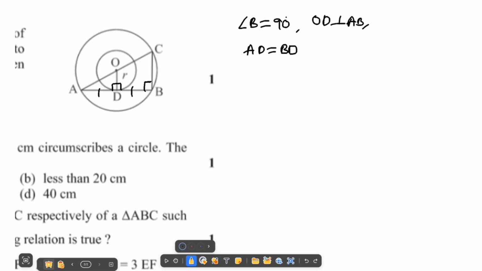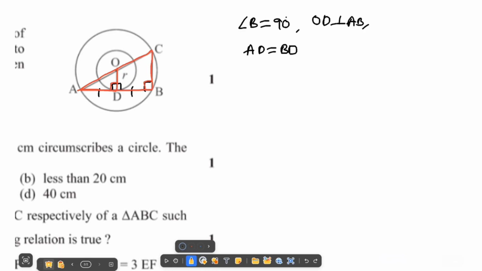Now if you observe the triangles, if you compare triangle ABC and triangle ADO, in triangle ABC and triangle ADO, angle B is equal to angle D, both are 90 degrees.